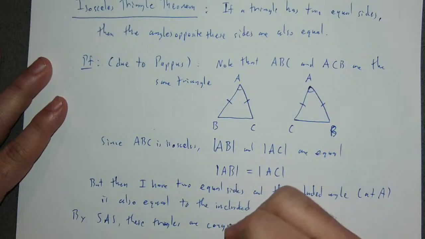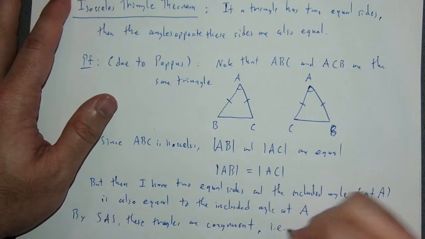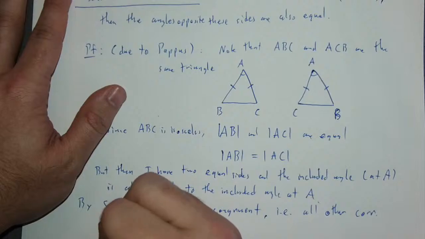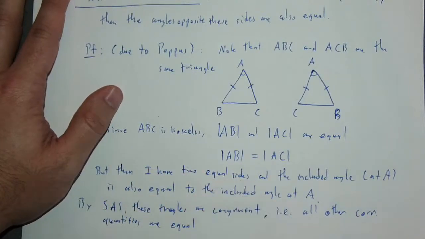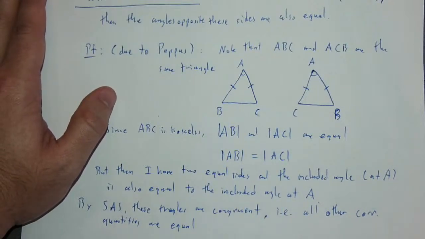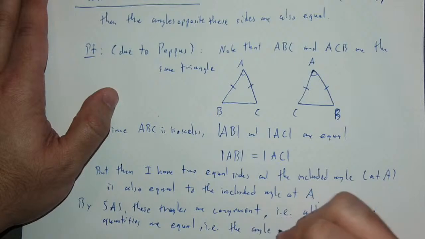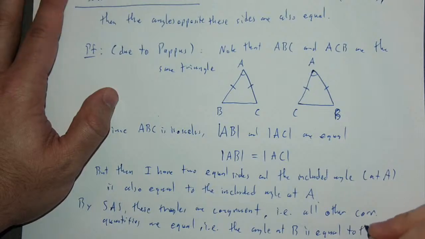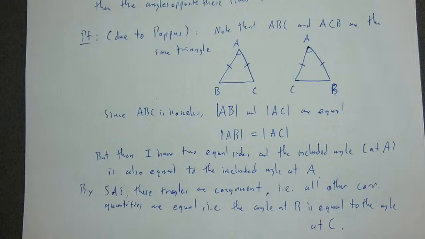Congruent, i.e., all other corresponding quantities are equal. But look at the correspondence here. I've just flipped these two vertices B and C, i.e., the angle at B is equal to the angle at C. But that's exactly what I wanted to prove.